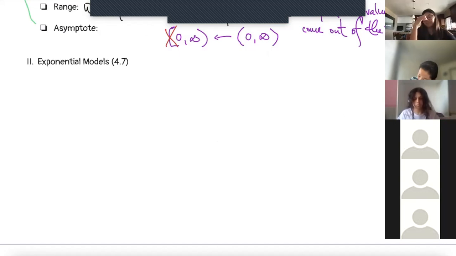So f of x equals... now when we think exponential, we do not want to think y equals mx plus b. What would we be thinking of if we thought y equals mx plus b? A linear function. Yeah, a linear function is y equals mx plus b.